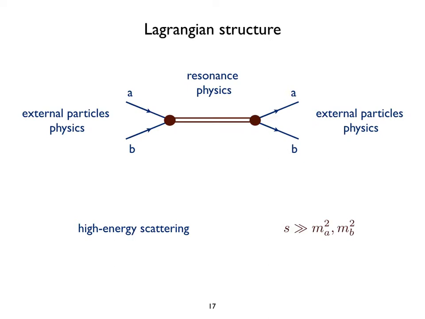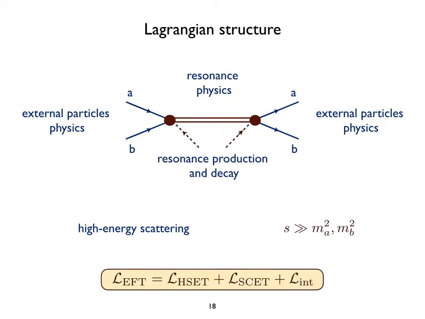We are going to consider the scattering of highly energetic particles, and therefore this piece of the Lagrangian can be constructed in analogy with the soft collinear effective theory. And of course, there should be an interaction part to produce the resonance and to allow it to decay. We are going to follow the top-down approach, constructing the effective field theory.